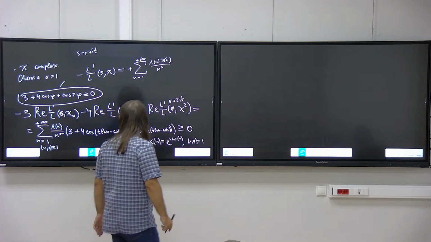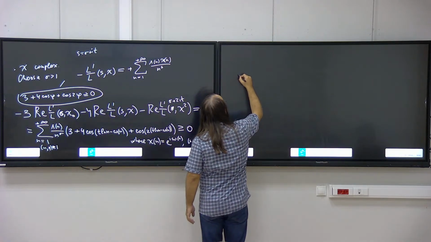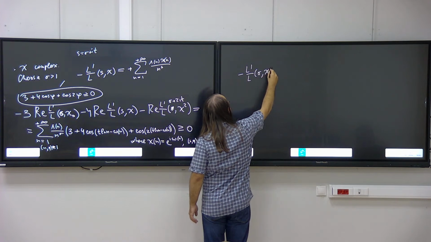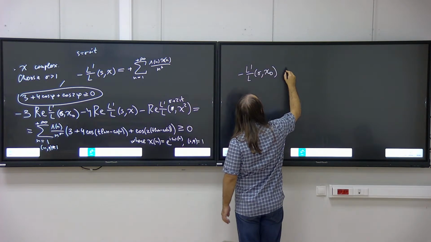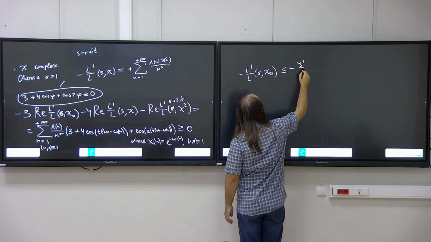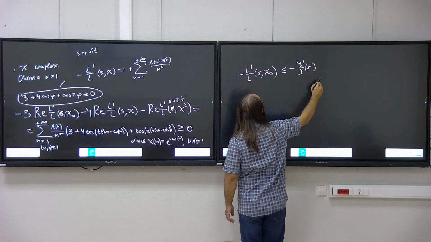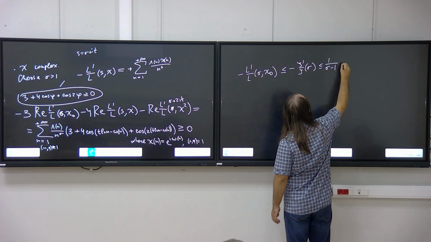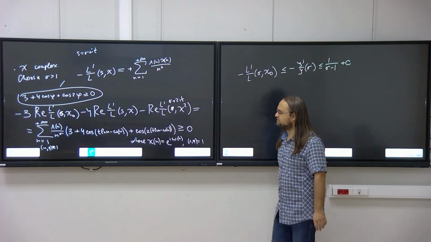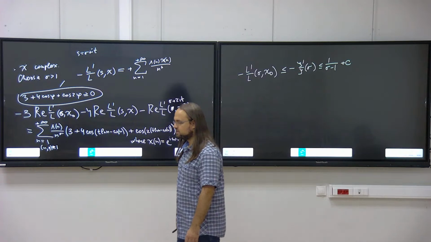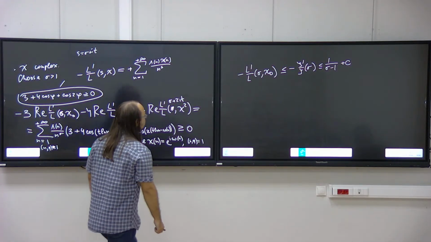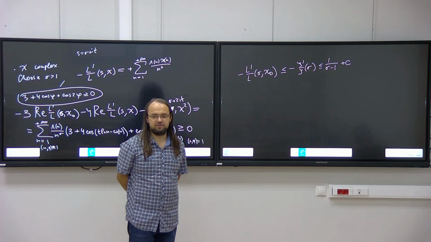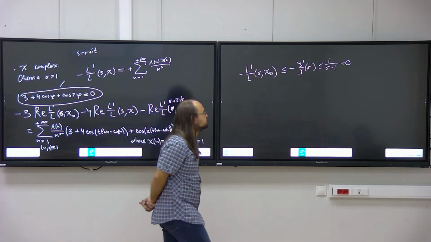Okay, so let us do the following. Minus L prime over L at sigma, chi 0, is at most minus zeta prime over zeta of sigma, which is at most 1 over sigma minus 1 plus some constant. This is due to the fact that zeta has a simple pole at 1.